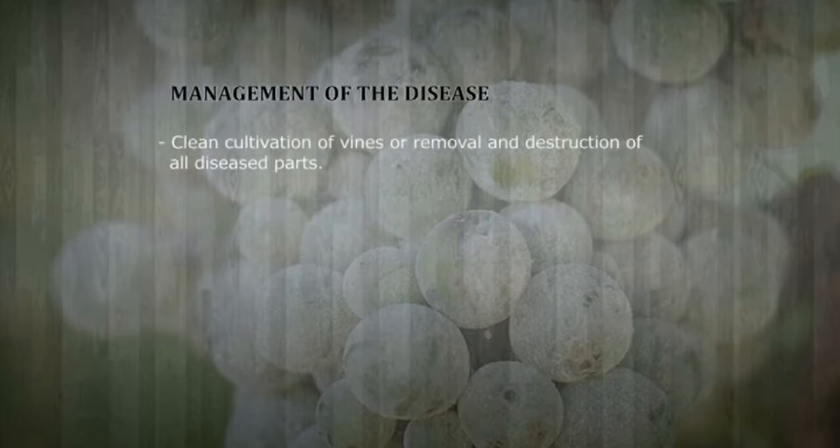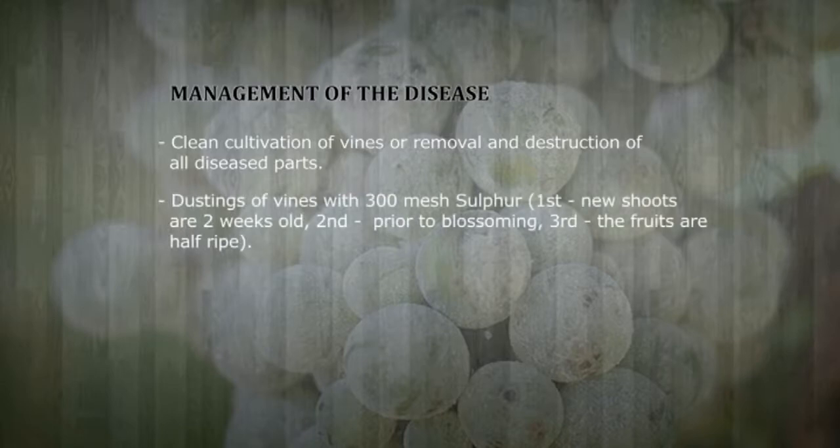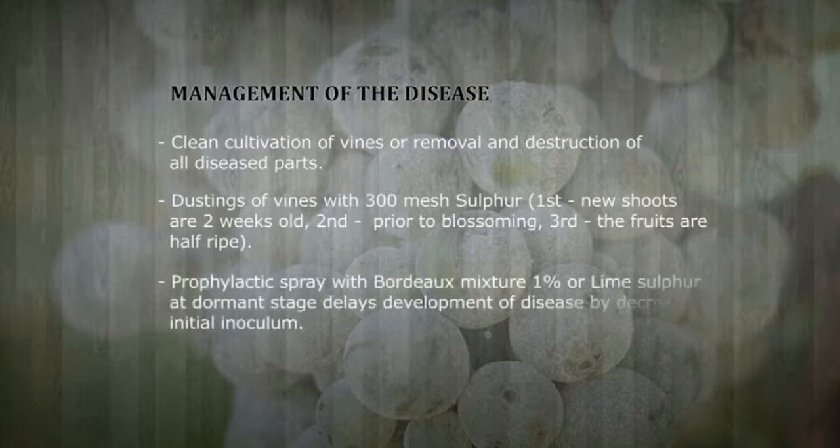Clean cultivation of vines, or removal and destruction of all diseased parts. Dusting of vines with 300 mesh sulfur at first when new shoots are 2 weeks old, then second prior to blossoming, and third when the fruit are half ripe.